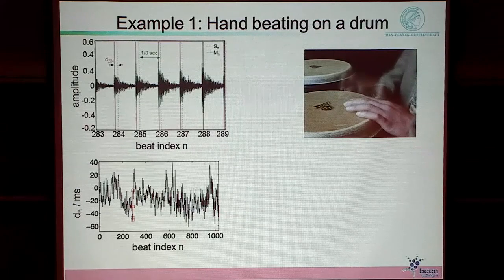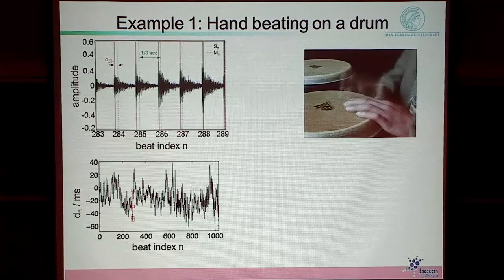Here's such an example: the recorded sound from a drum. Green are the metronome beats, period one third of a second, and red are the beats played by the drummer. And so there are these deviations that we have determined from the beat onset.